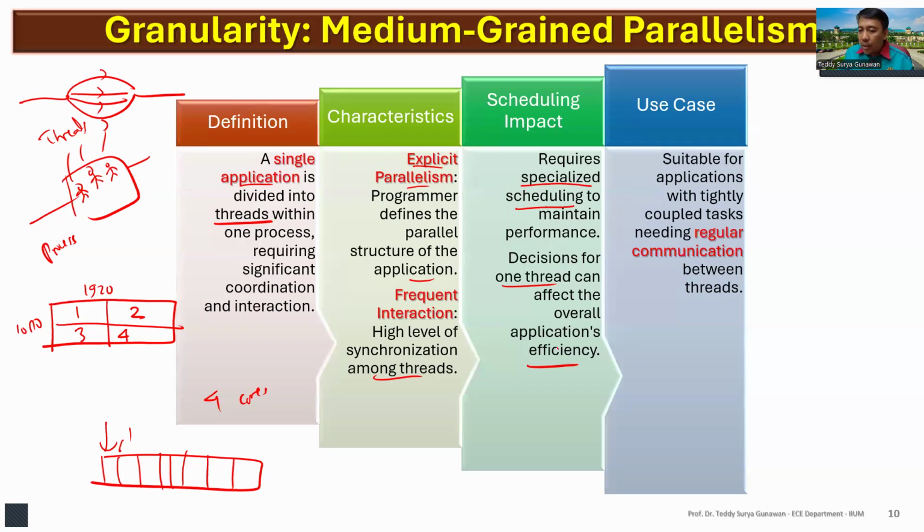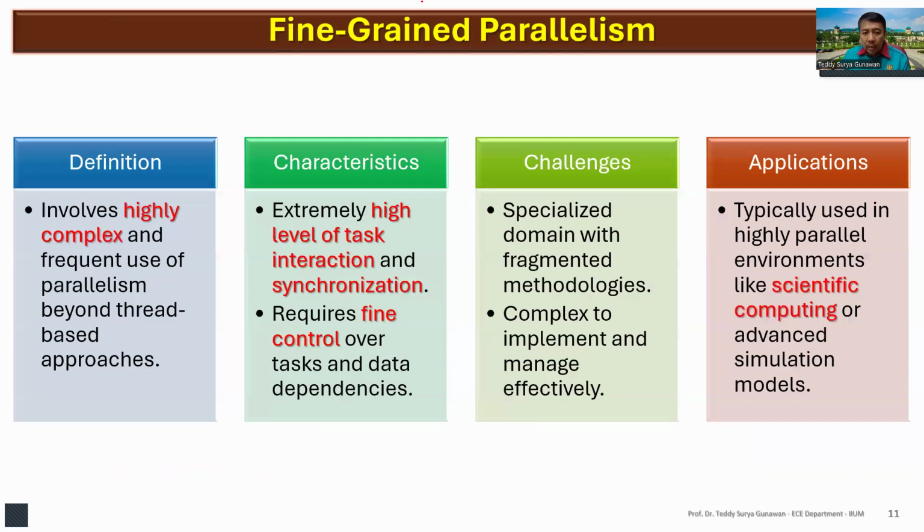We'll discuss more later on when we discuss multi-thread scheduling. There are many methods to do thread scheduling. This is suitable for applications with tightly coupled tasks needing regular communication between threads. So if you need more communication, then you can use medium grain parallelism. You can use threads.